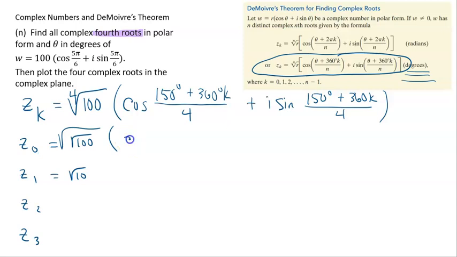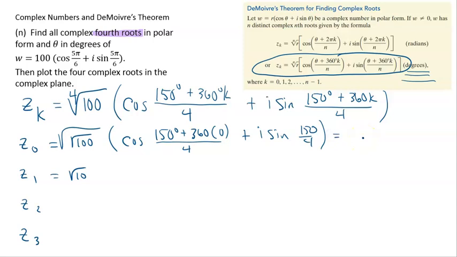So this is going to be the cosine of 150 plus 360 times 0. I'm going to write it out this time. Divided by 4, which is really just 150 divided by 4. So that's I sine of 150 divided by 4, right? Because you would do exactly the same thing here. Those angles are always going to be the same.